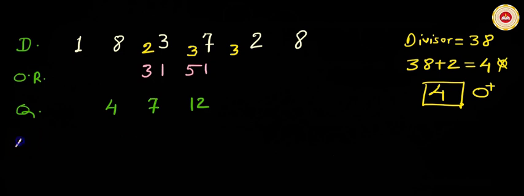Okay. Step number 4, 32 plus what to add to this 32? We are going to find the third osculation result. So to find the third osculation result, 32 plus 2 times the last quotient, that is 12, which gives 32 plus 24. 12 twos are 24.